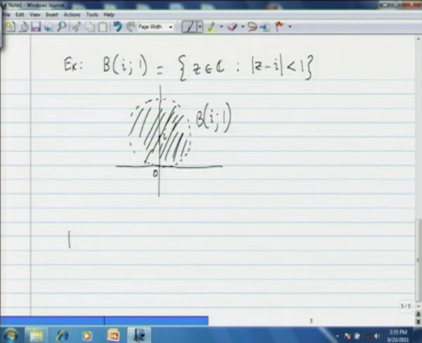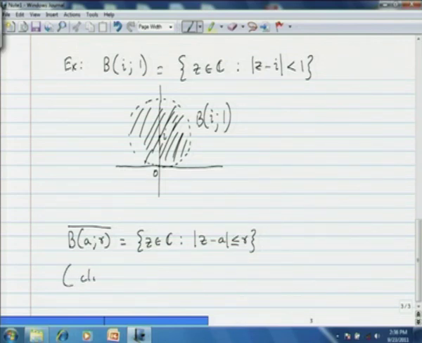It is indicated by B(A, r) with a bar over it, to indicate the set of all complex numbers which are at a distance less than or equal to r away from the complex number A. This is sometimes called the closed ball of radius r around A. We will shortly see this word closed formally in a few moments.